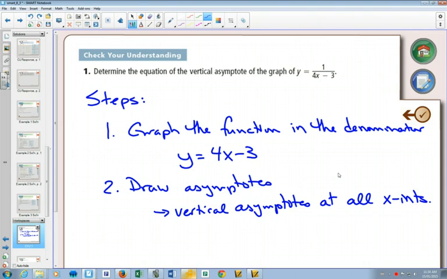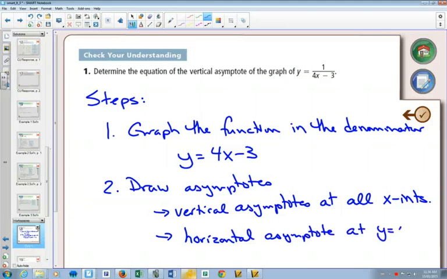If it's an x-intercept, that means that on the bottom, you would be dividing by 0, and that would be a non-permissible value. And we're going to draw a horizontal asymptote at y equals 0. This will always happen for our lines and parabolas.